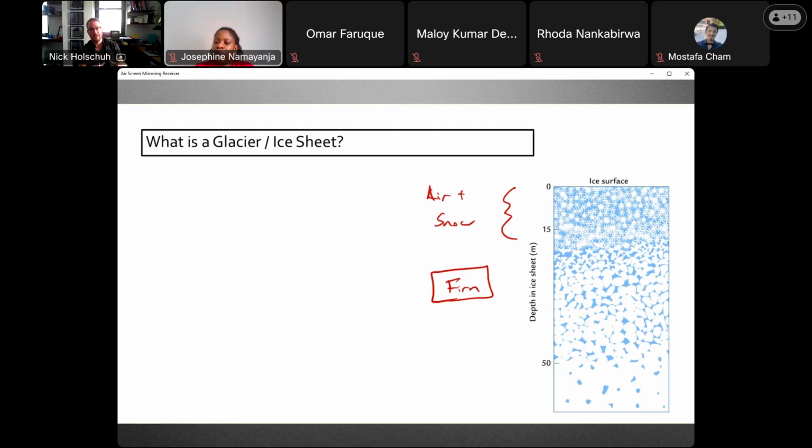And then we can drill an ice core to collect 100,000-year-old ice. Trapped within it is samples of air from that same time period. But that air-snow mixture transitions into firn, which then transitions into that solid 918 kilogram per cubic meter glacial ice. So glaciers are all made of this metamorphosed snow.